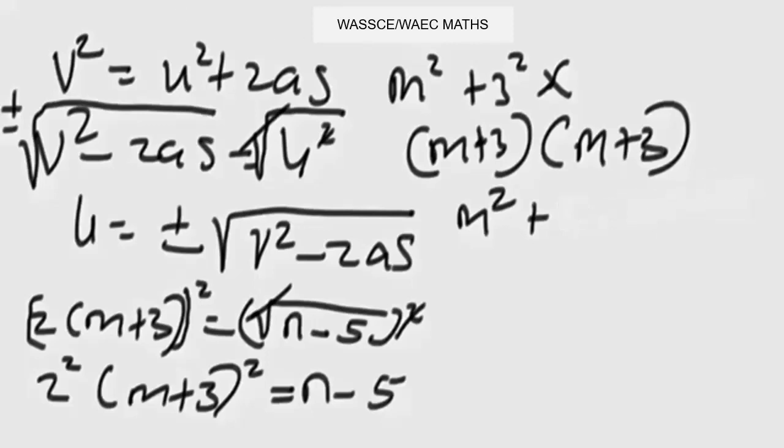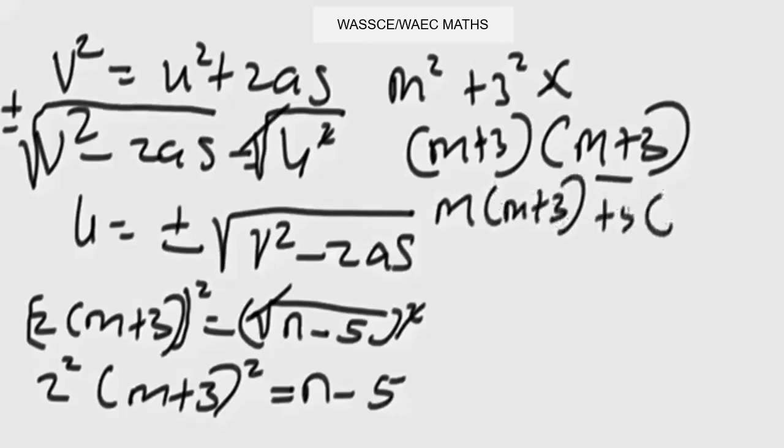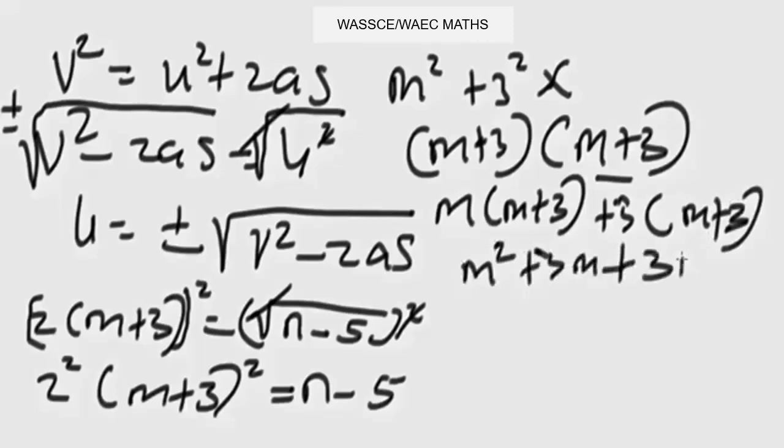This will be m times m plus 3, plus 3 times m plus 3. When you break this down, it gives us m square plus 3m plus 3m plus 9. Now collect like terms, we're going to have m square plus 6m plus 9.